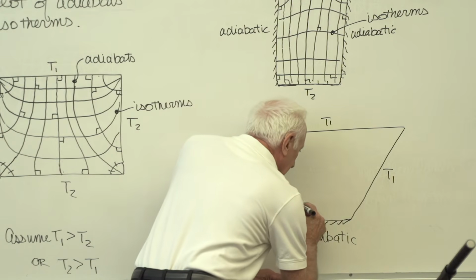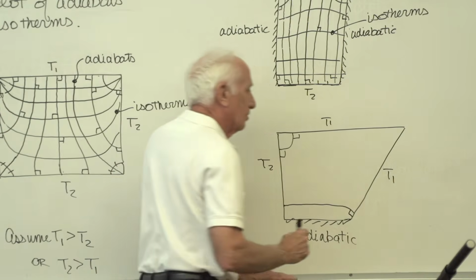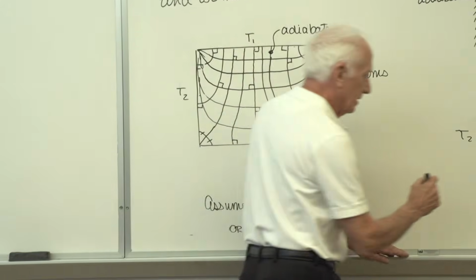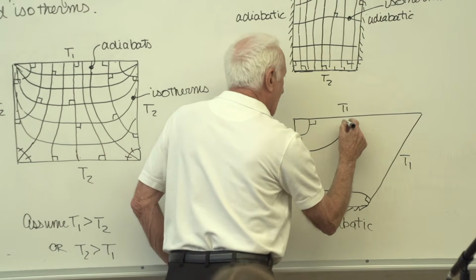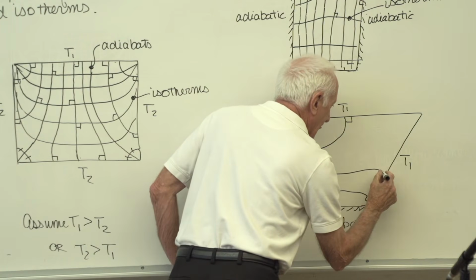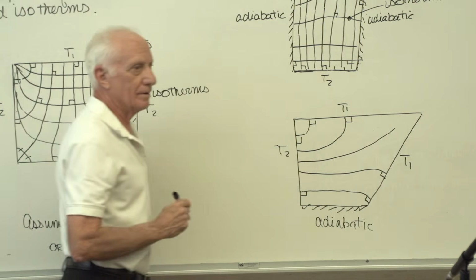Go straight until here, but where it intersects the isothermal boundary, the adiabats intersect at a right angle. Okay. Draw some more. Over here. Draw some more. Uh-oh.